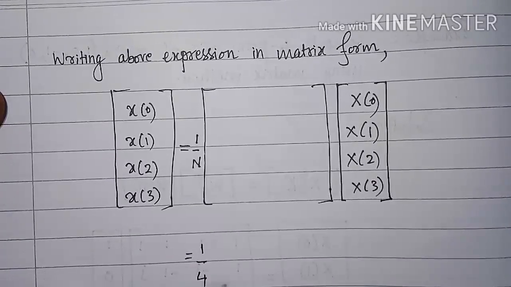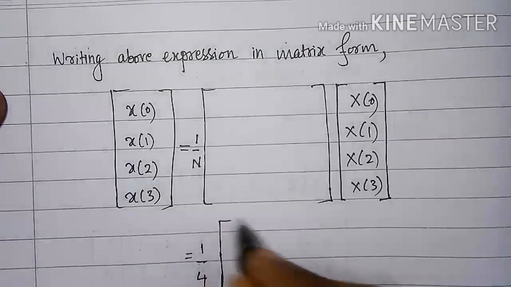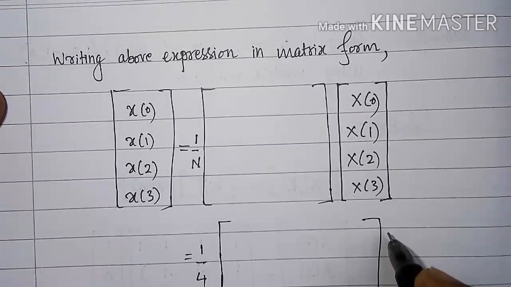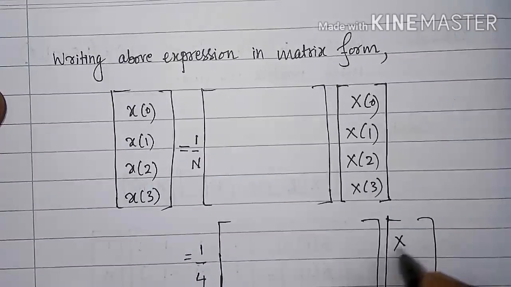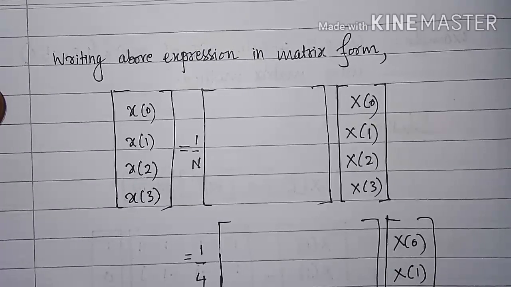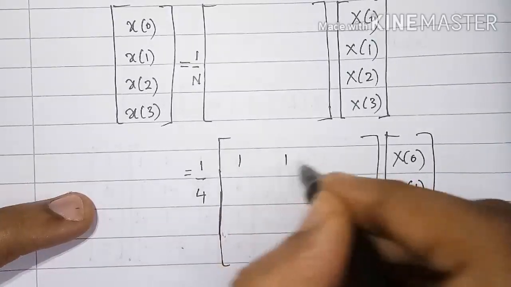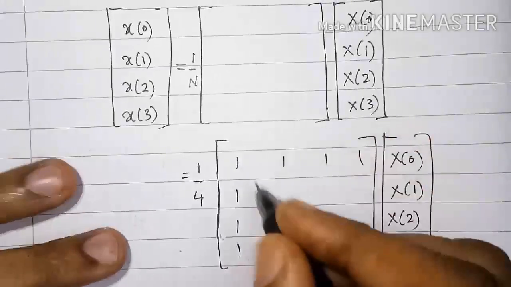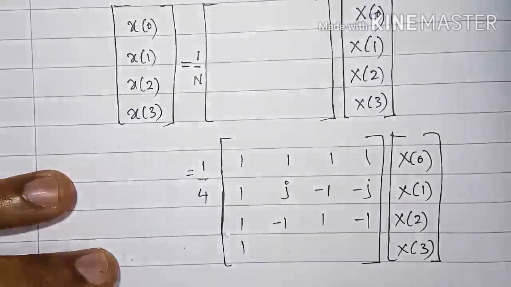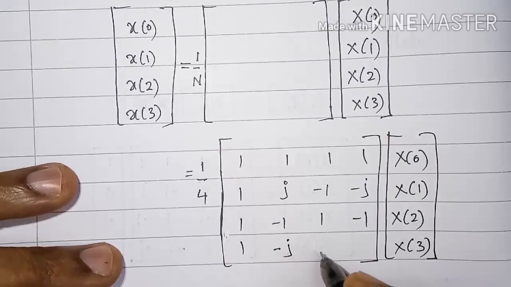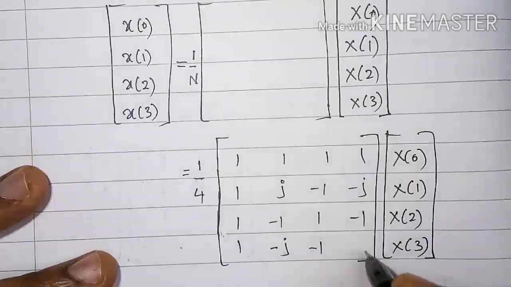So this will become 1 by 4, 1 1 1 1, 1 j minus 1 minus j, 1 minus 1 1 minus 1, 1 minus j minus 1 j.